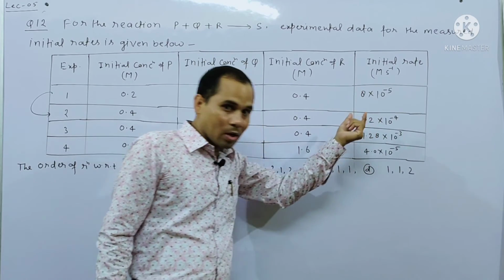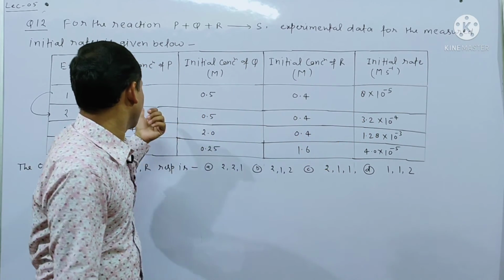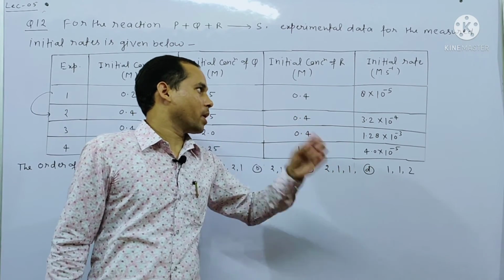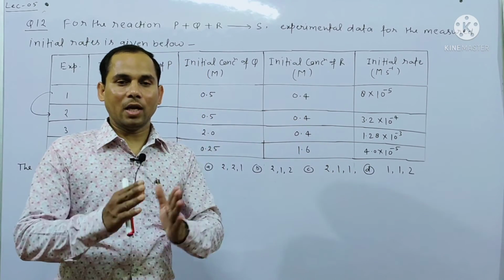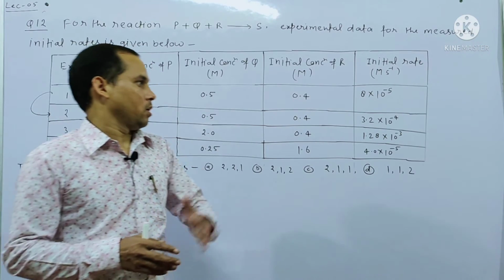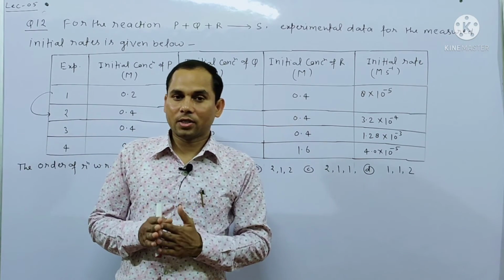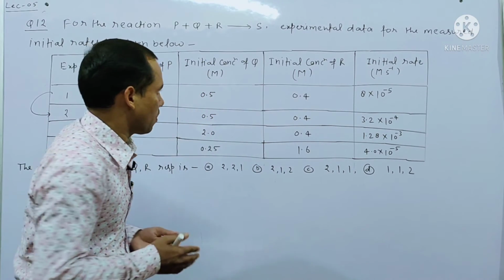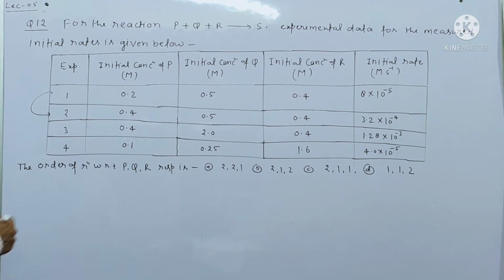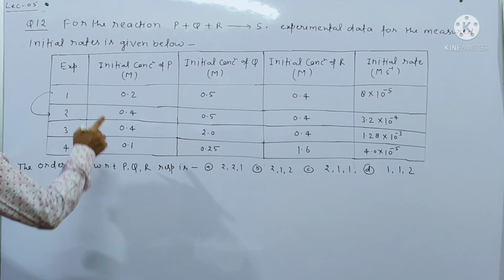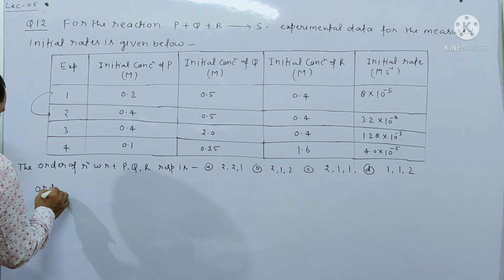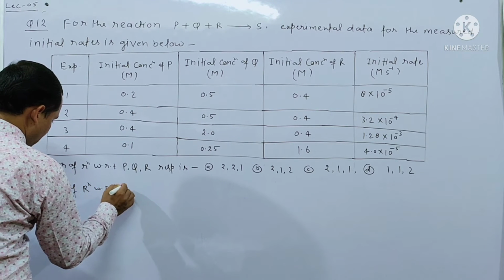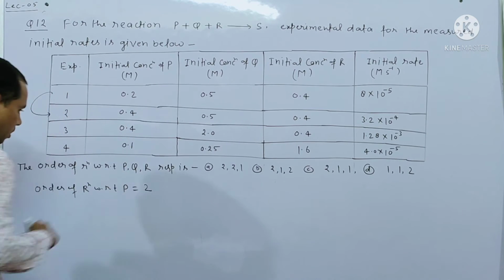So you can clearly see that on just doubling the concentration of reactant, the rate of reaction becomes 4 times. That means this reaction is of second order. Therefore the order of reaction with respect to P is second order.